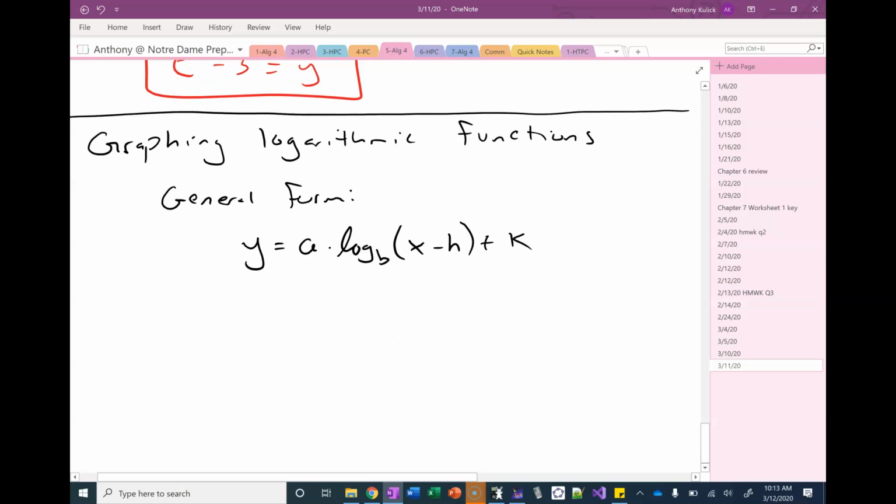What I want to do, though, is think back about what we know about exponential functions, because logarithmic functions and exponential functions are inverses of each other. I can learn a lot about a logarithmic function from what I know about an exponential function. So remember, exponential functions have a special feature. Does anybody remember what that special feature is called? That dashed line that goes on the graph?